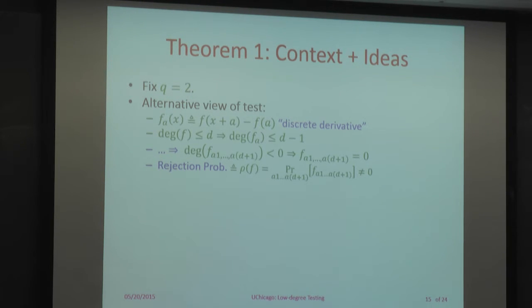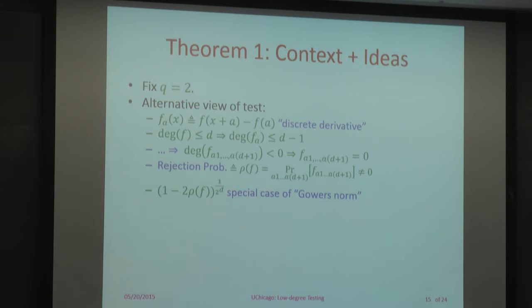So, this tells you what is the real test that we are doing, and this derivative view was really very key. Why? Because let us look at the rejection probability of our test. What is the probability that this function at a random point is not 0? Okay. That can be described as a measure associated with a function.